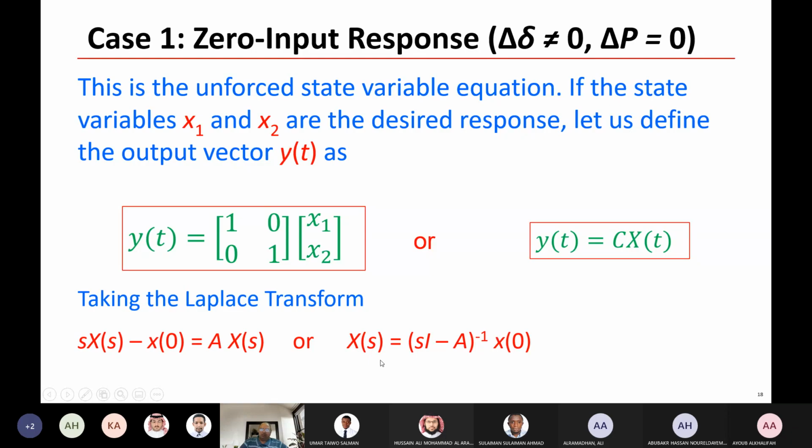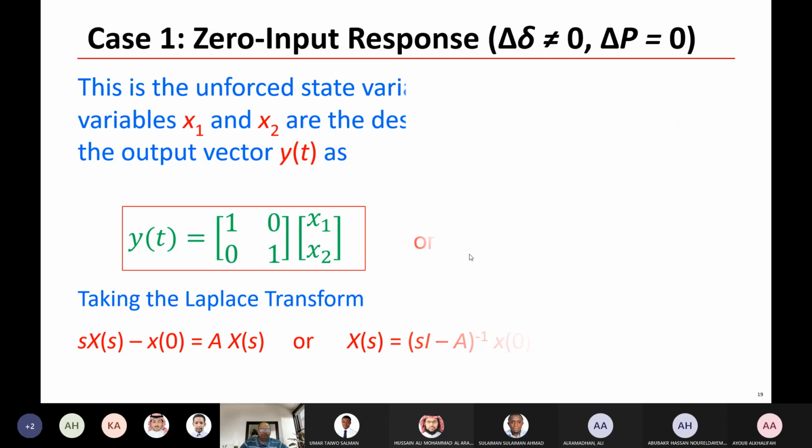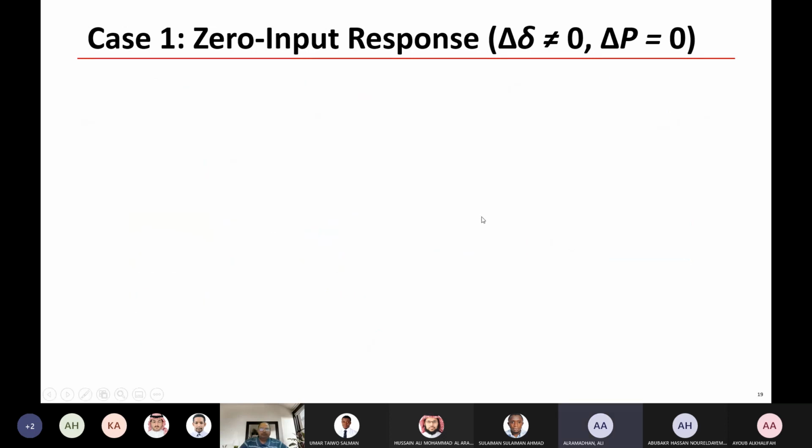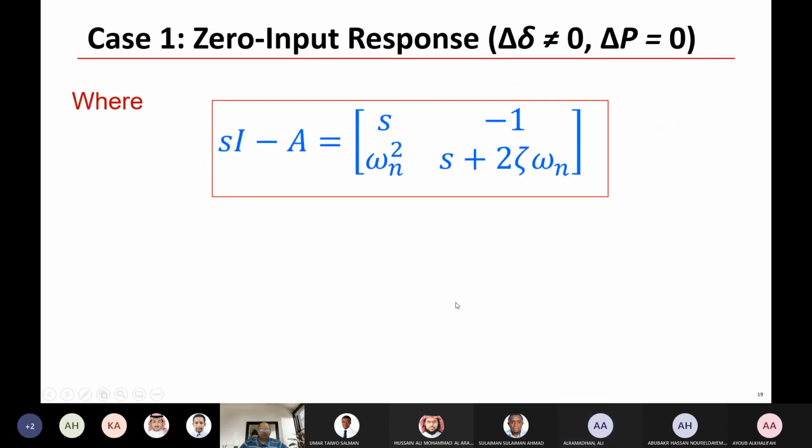And then you can take the inverse Laplace transform to find the time domain expression for delta of t and omega of t. These are the states for this representation. Are you following, Shabab? If you have any question, please ask.